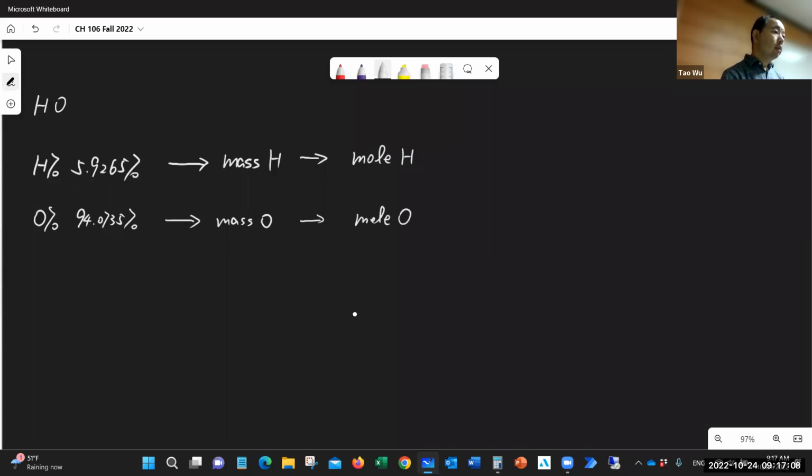Since you find the moles of hydrogen and the moles of oxygen, you're then going to determine which of those is the smallest mole number. Find the smallest mole number among the moles of hydrogen and the moles of oxygen.